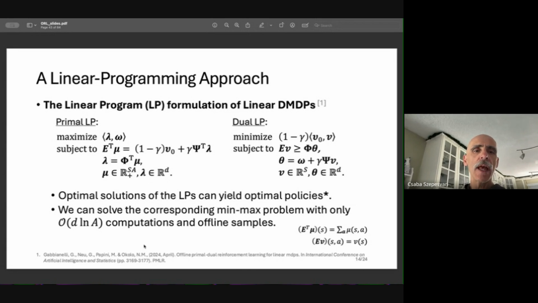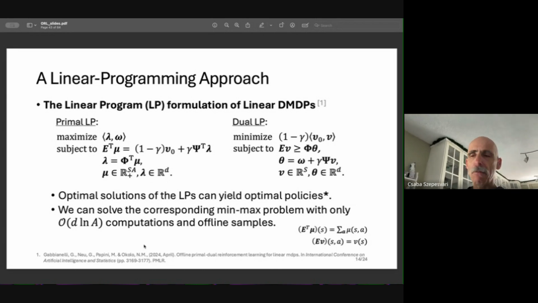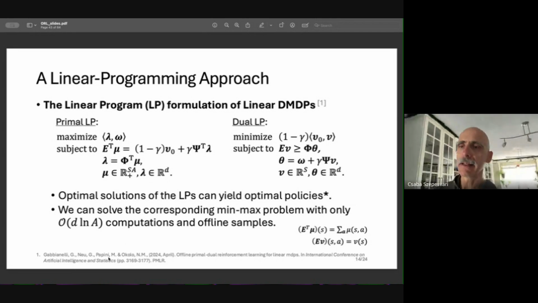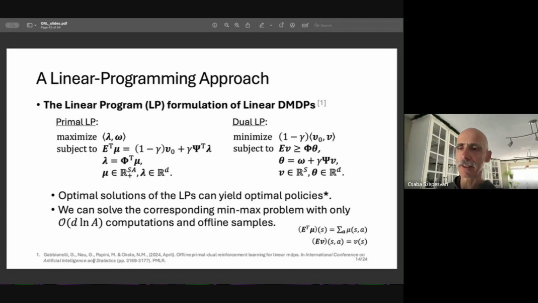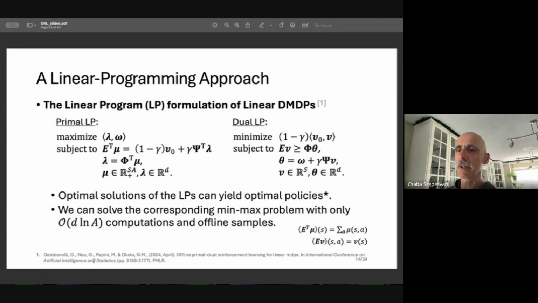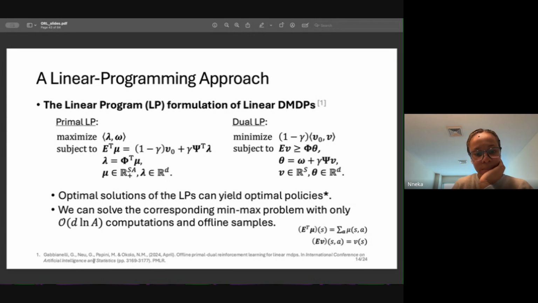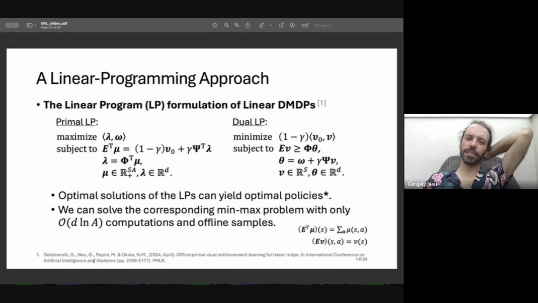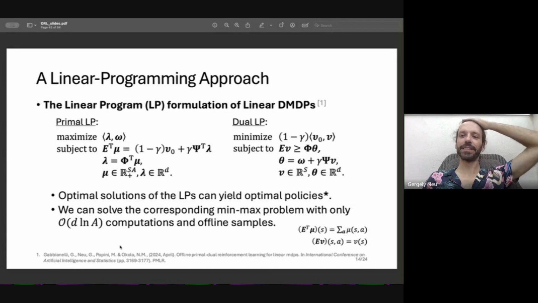Okay, so I see. So that was specific to this offline setting, where this is an iteration cost, I assume, because the sample size will matter and whatnot. Yeah. Also, yes, there's a 1 over epsilon dependence as well, which is not shown here. There's a 1 over epsilon to the 4, something like that.